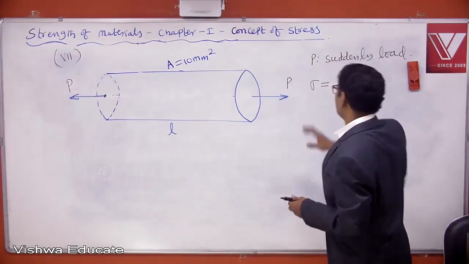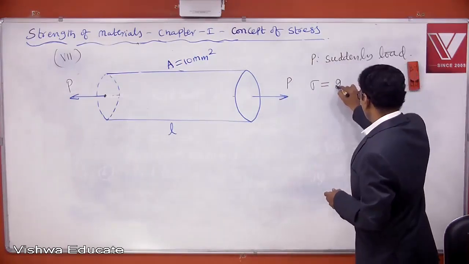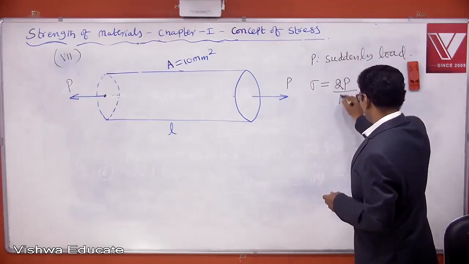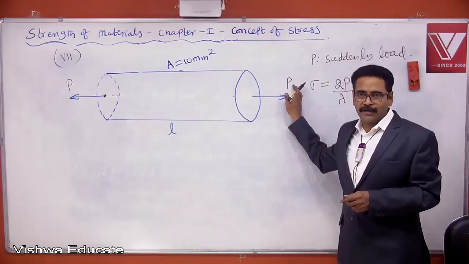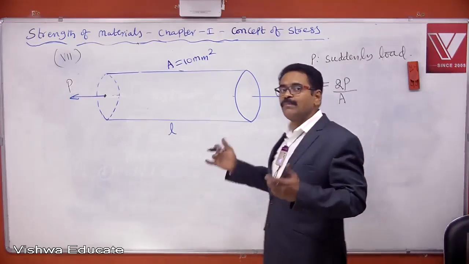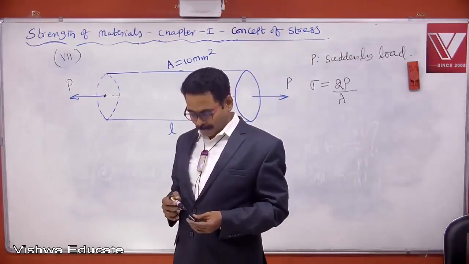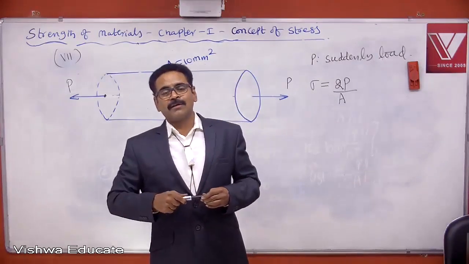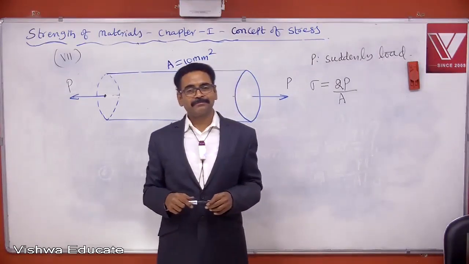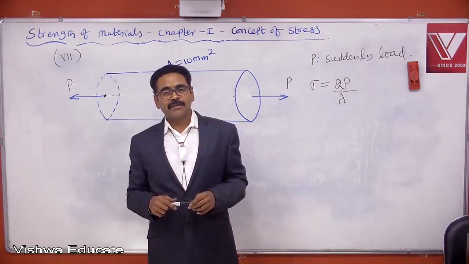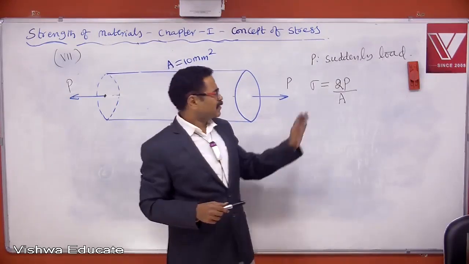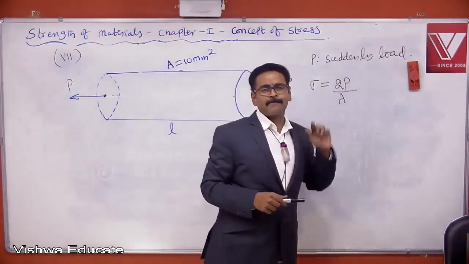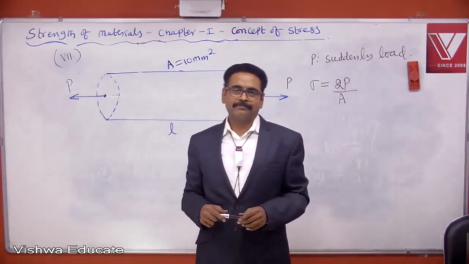When load is suddenly applied, stress also will be double. So if this load is sudden load, stress will not be P by A, stress will be 2P by A. That is why sudden loads are dangerous loads. As compared to gradually applied load, sudden loads are always dangerous. Sudden load induces double the stress.